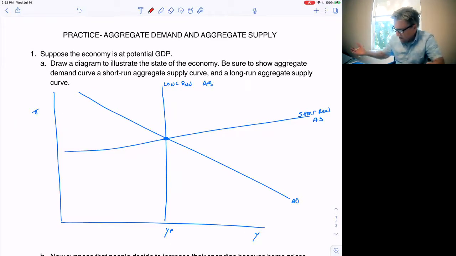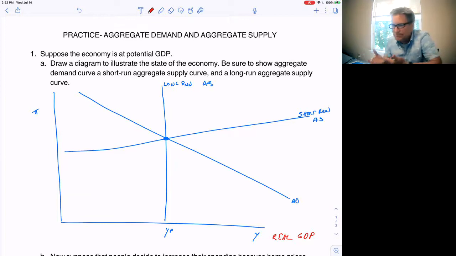So I've drawn here inflation on the vertical axis, output, real GDP here on the horizontal axis, which we symbol with big capital Y. We've got a long run aggregate supply curve that's vertical at potential output, a short run aggregate supply curve that is much flatter, something other than being vertical.